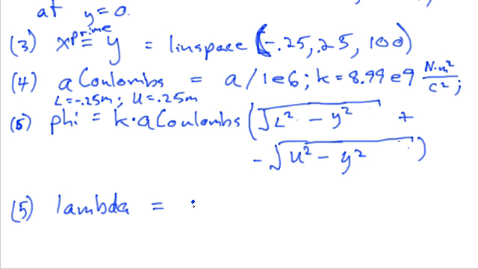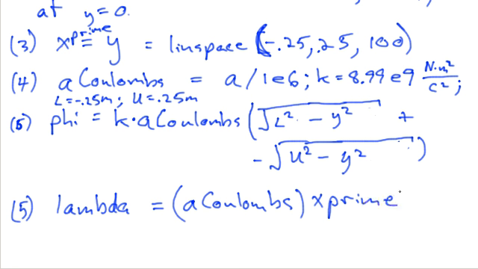And then lambda equals just A coulombs times x prime. So I'm totally leaving off the B. In other words, I'm treating it as 0, but I got a message telling the user of the code that I'm treating it as 0.